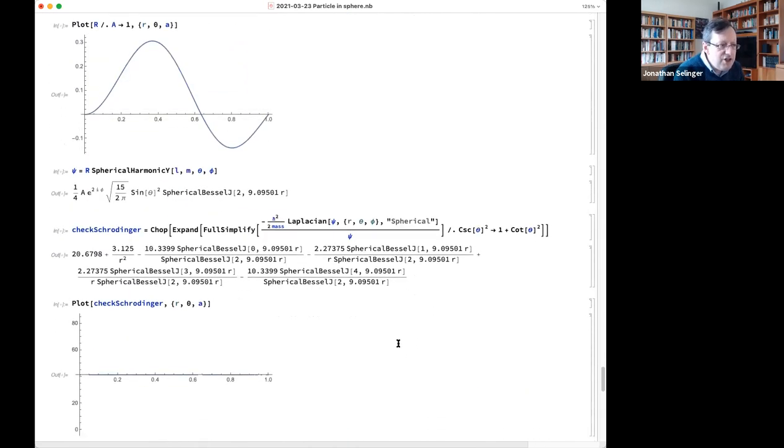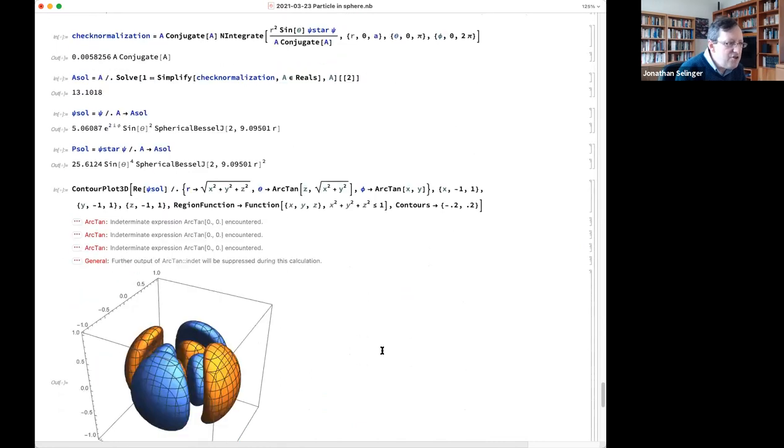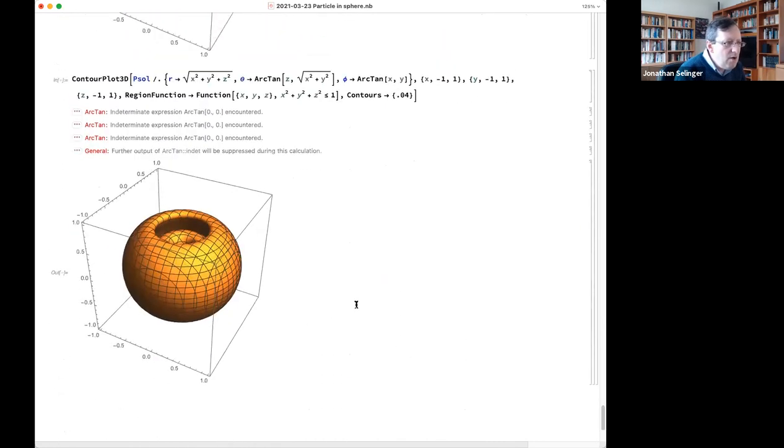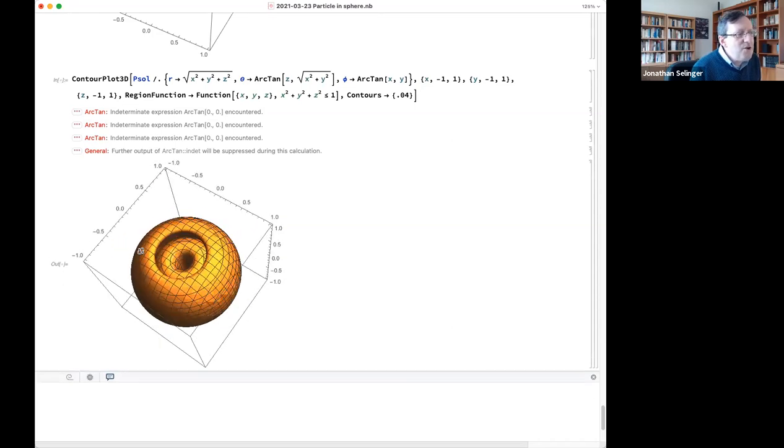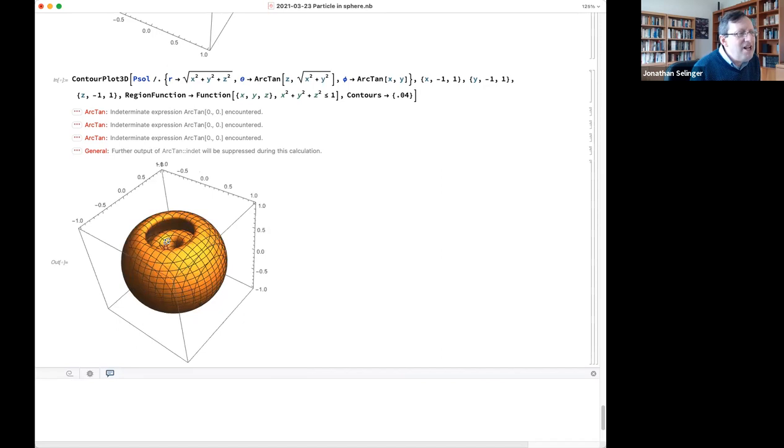If I skip ahead to the probability density, it has the same kind of angular dependence, but a different radial dependence. You can see it has an extra max and min as a function of R before you get out to the edge of the sphere.